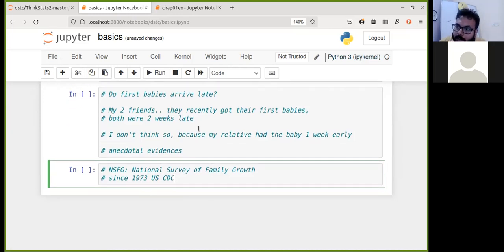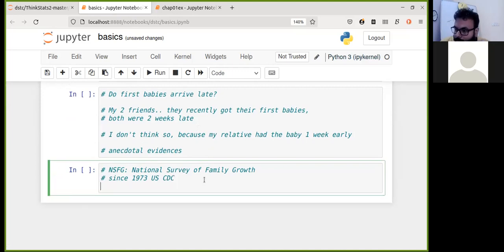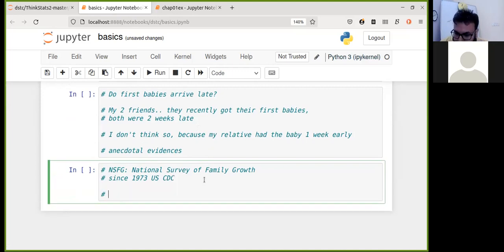I have downloaded the data sets from this book's website called thinkstats.com. This code is also available.